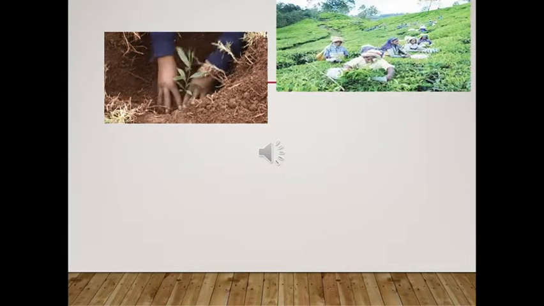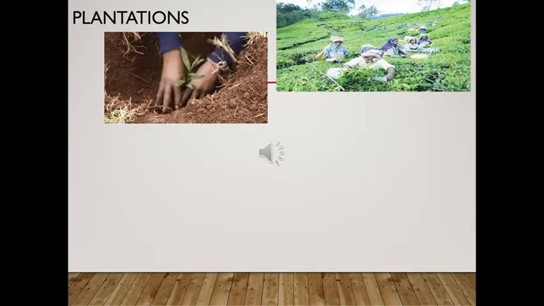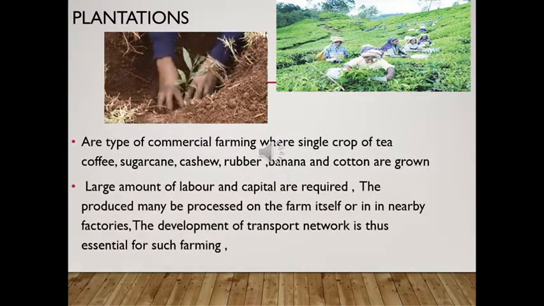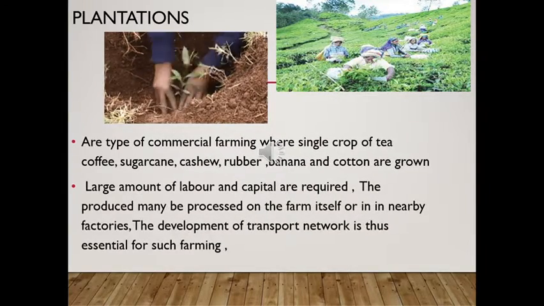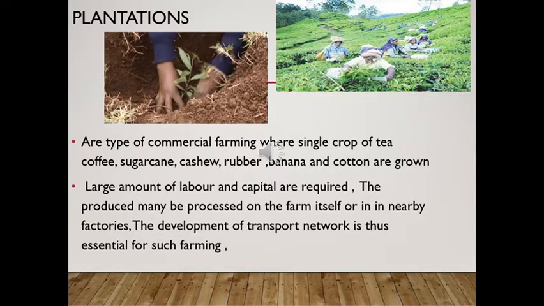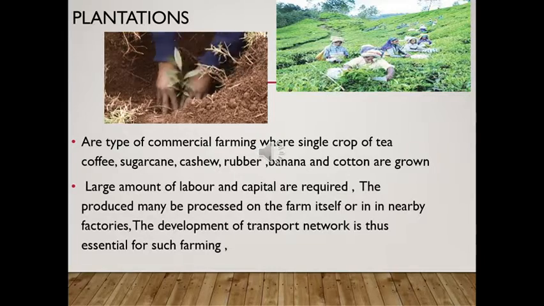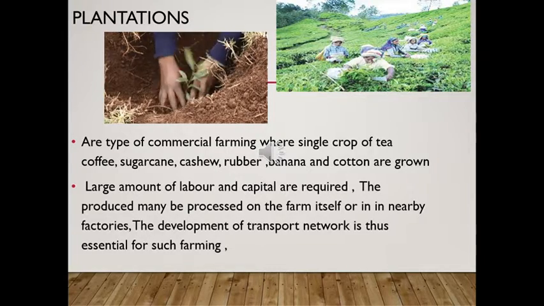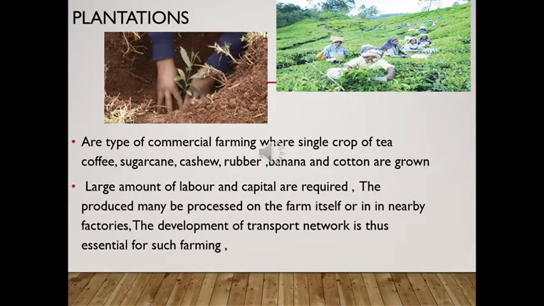Plantation agriculture is a form of commercial farming where crops are grown for profit. Large land areas are needed for this type of agriculture. Countries that have plantation agriculture usually experience tropical climate with high annual temperature and receive high annual rainfall.